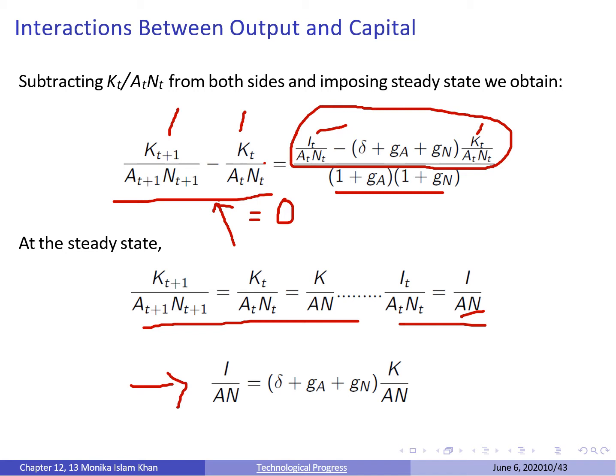So your investment per effective worker is equal to capital per effective worker times this term. This is your depreciation rate, this is the growth rate of technology, and this is the growth rate of labor supply.